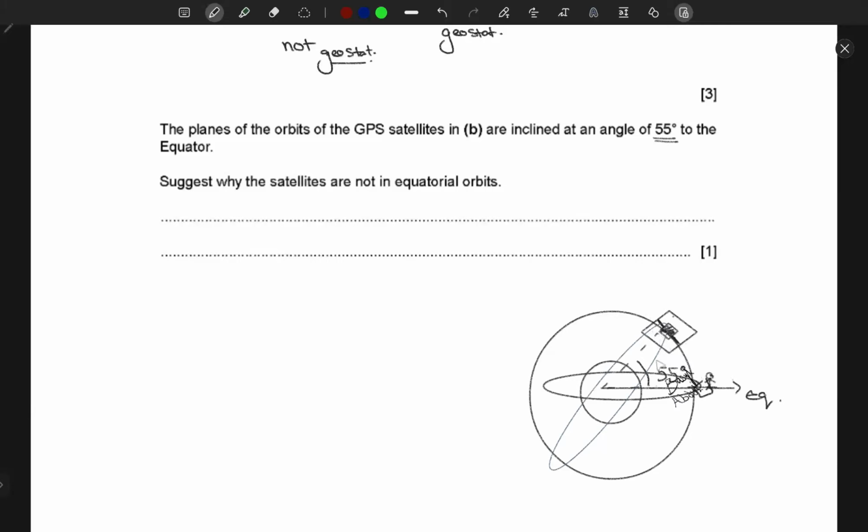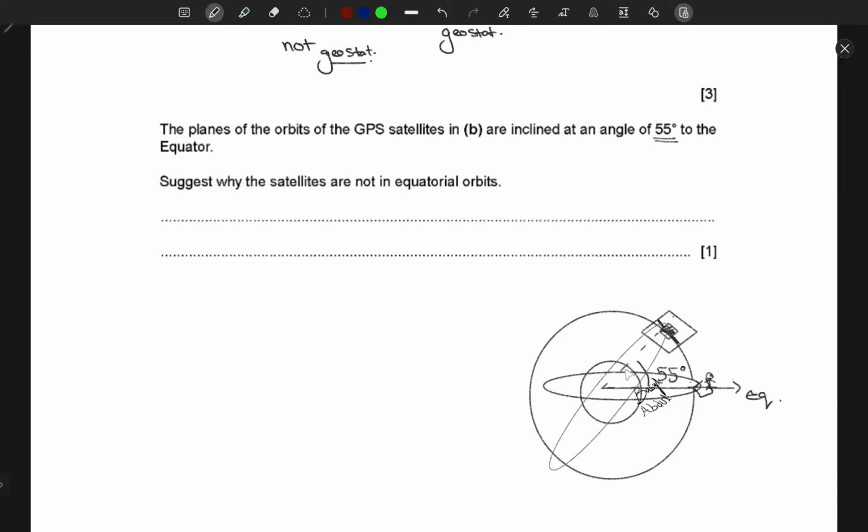I gave you a very big hint as well, that you should think in terms of the purpose of the satellite. The satellite has to record what's happening on the Earth, for example climate change or whatever.